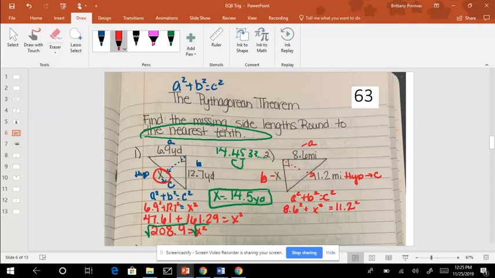8.6 squared is 73.96 plus x squared equals 11.2 squared, which is 125.44. We're trying to get x by itself. The x is here, so we're going to have to subtract 73.96 from both sides.